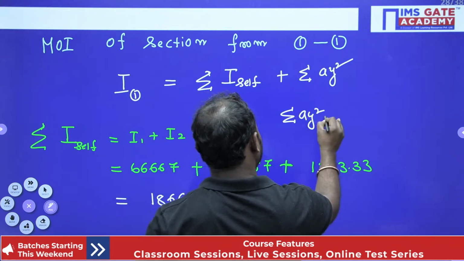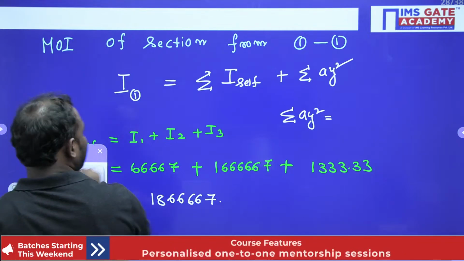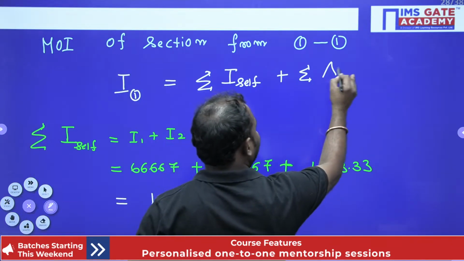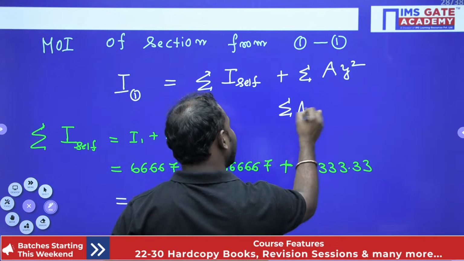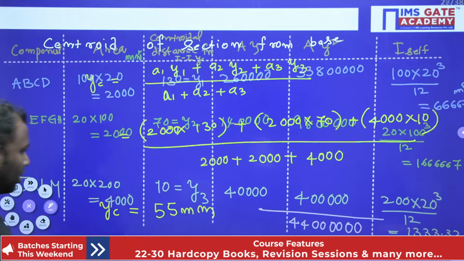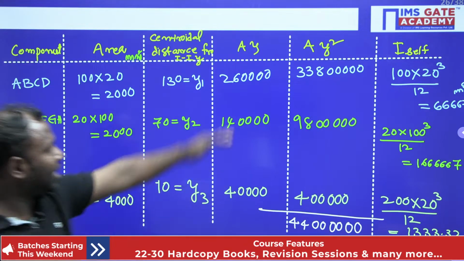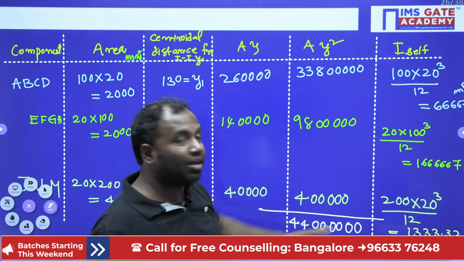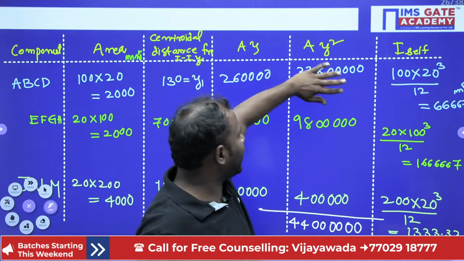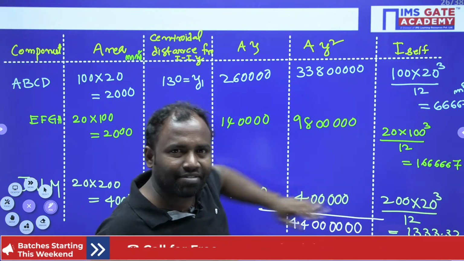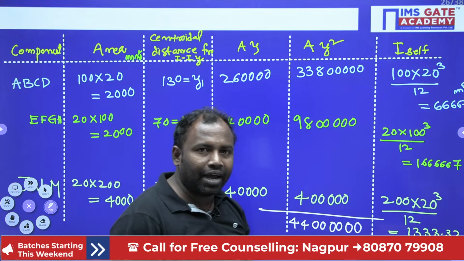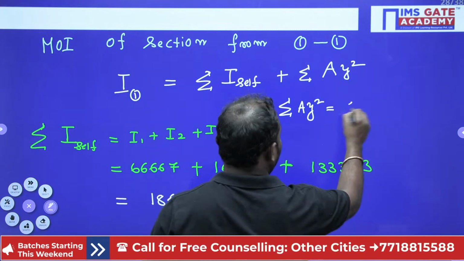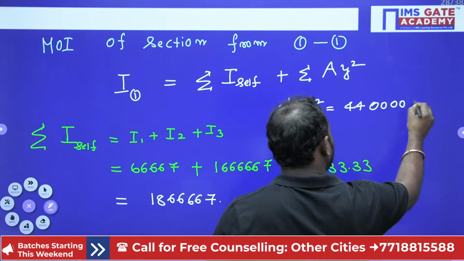Sigma AY square means sigma A1 Y1 square plus A2 Y2 square plus A3 Y3 square. That's it. So you are going to get sigma AY square as 4400000.